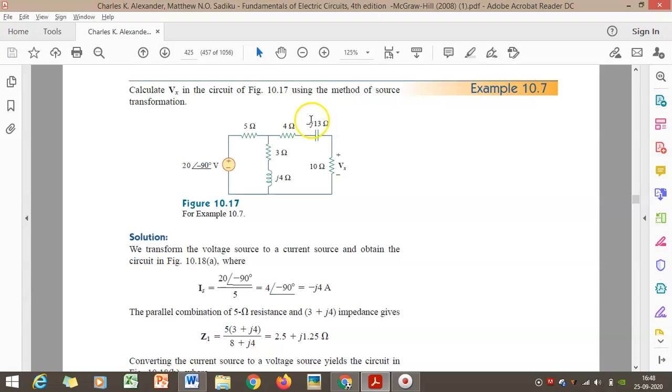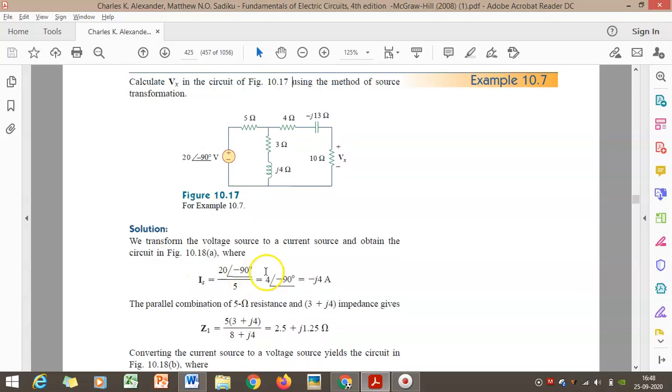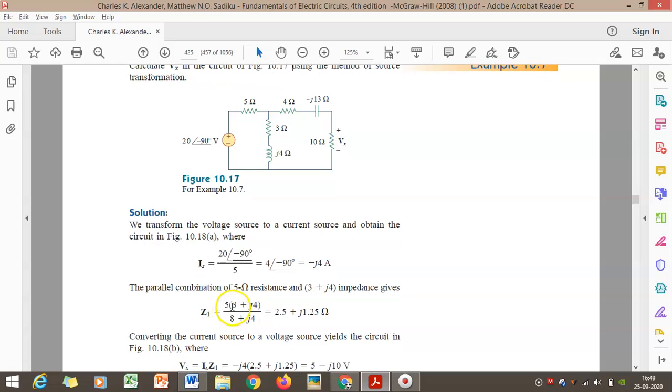For solving this problem we need to know how to calculate the source current through Ohm's law, how to calculate parallel and series impedance, and the procedure and formula to convert a current source to a voltage source and vice versa. Those are the three steps we need to know.